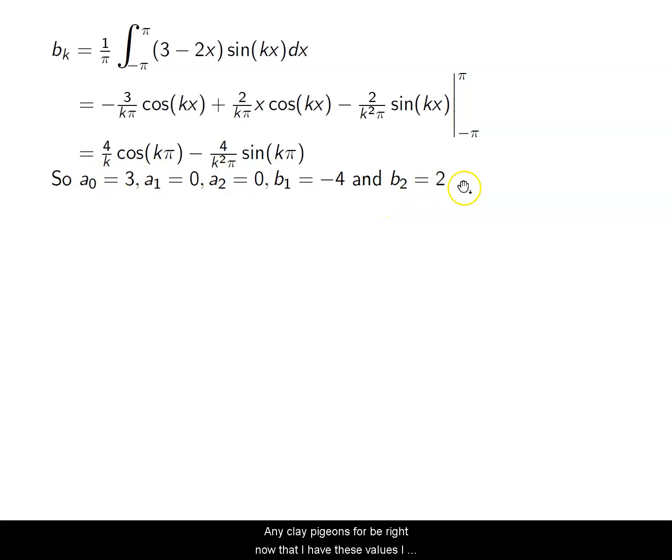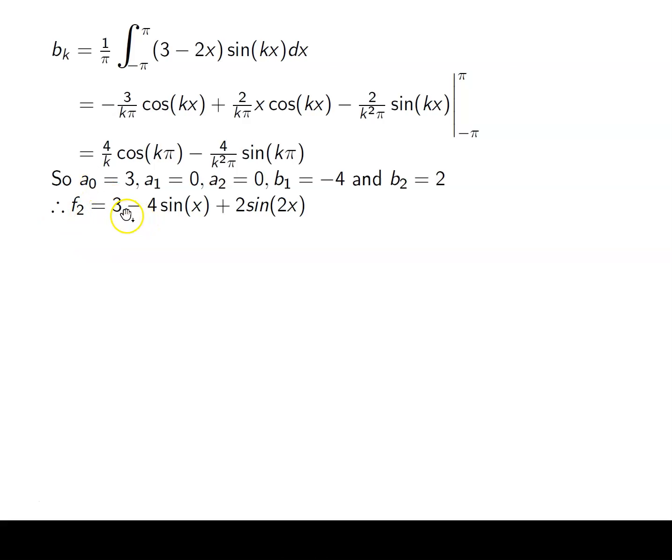Now that I have these values, I can just plug them in to my formula, right? I have a naught plus b1, so it's a -4 sine x, plus b2 sine 2x. So this is my approximation. Okay, so let's see how closely this fits to 3 minus 2x with a quick abracadabra.